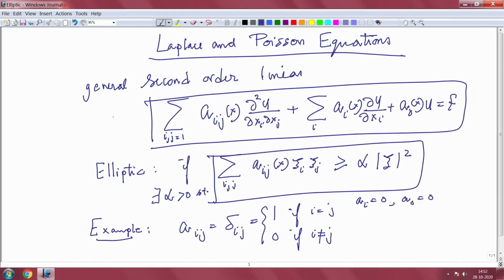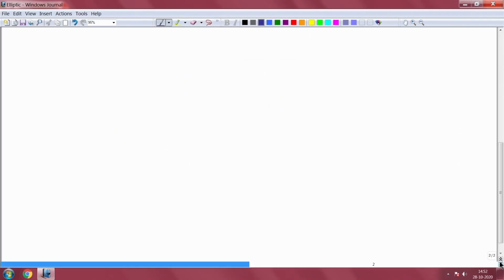So, let me write down the elliptic equation, L of u, that is the operator L. That implies my L is equal to the operator Laplacian. Laplacian means summation d square by dx_i square.